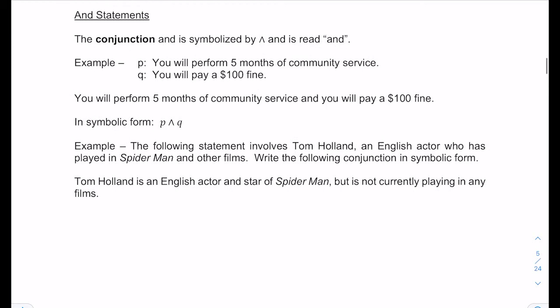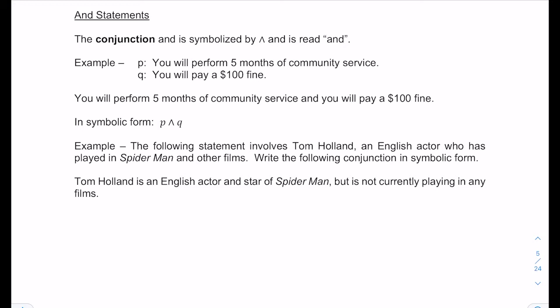We have our connective "and," which, if you'll remember from English, is called a conjunction. And the symbol we use for it kind of looks like the symbol for intersection. If you'll remember from chapter 2, it looks like this, except this time it comes more to a point. It looks like an A without the bar going across. So that's an "and."